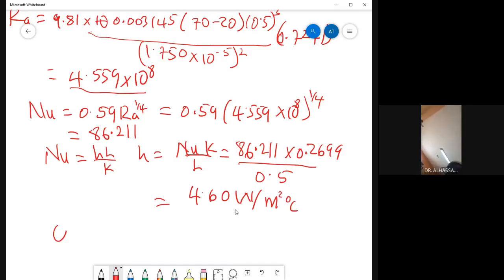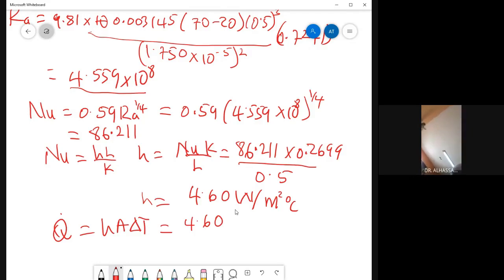So finally, Q, that's the heat transfer, equals hAΔT. h is given already, so this is the value for h. Now 4.60 times the area.